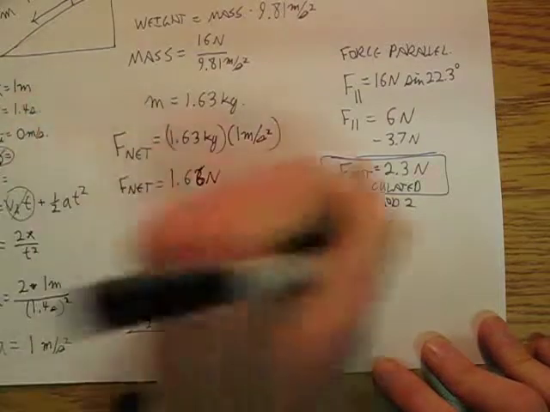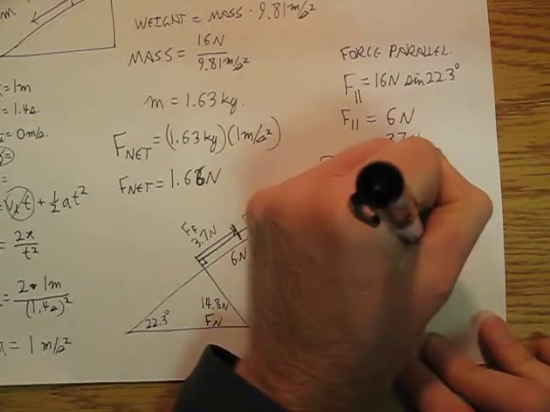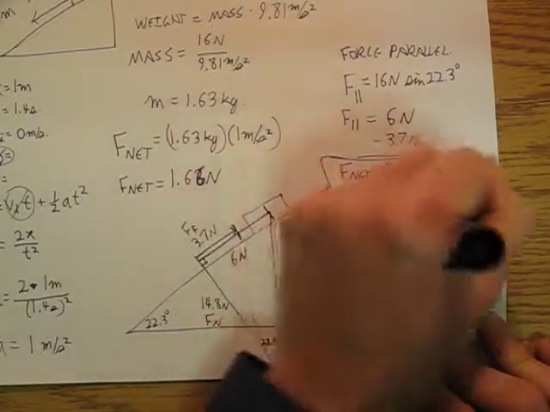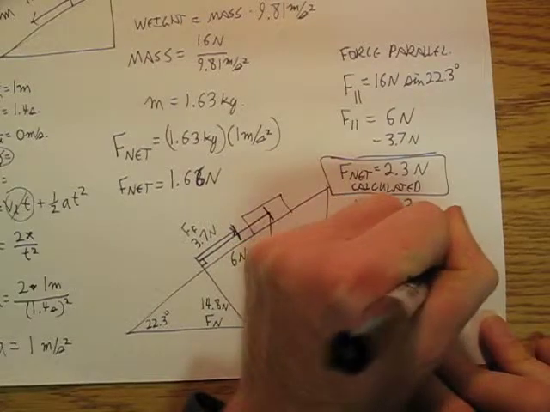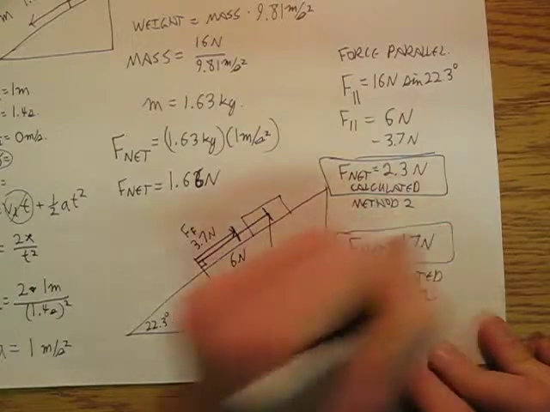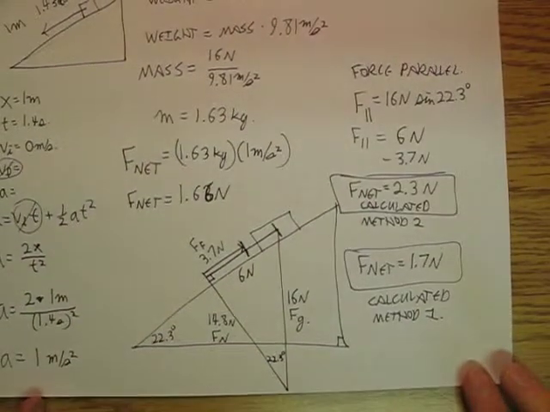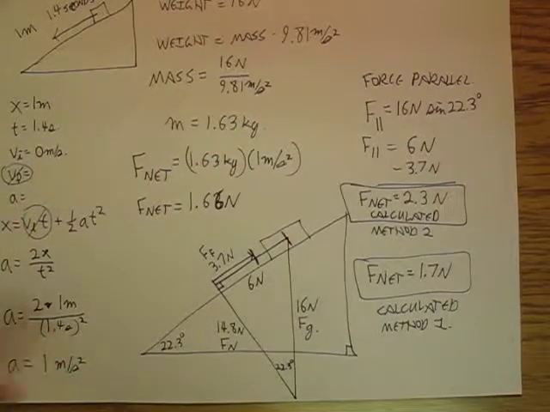And from the acceleration, we have force net equals 1.7 newtons, calculated by method 1. You see that they don't quite agree, which is what I'd expect, because I'd expect there to be a lot of error in this as a whole. But they're relatively close. So there's an analysis of a brick sliding down an incline.